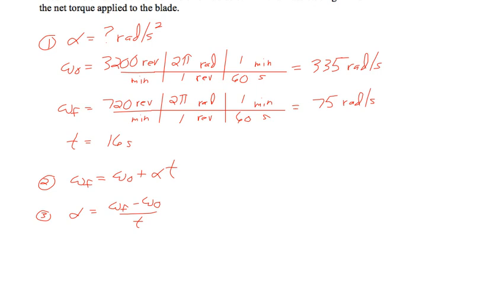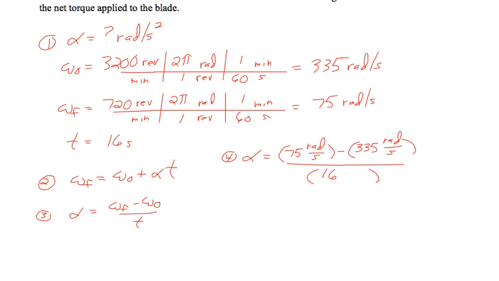And then we just plug in the numbers. So step 4: alpha equals omega final minus omega original divided by time. I'm going to put in 75 radians per second there, 335 there, and 16 seconds.